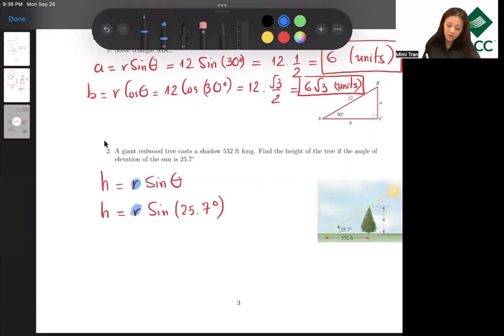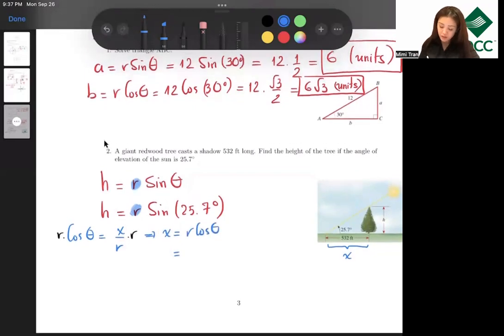So I know that cosine of theta is equal to x over r. This side right here, that's your x. So all you do is solve for r, multiply both sides by r. So this implies x equals r cosine theta.